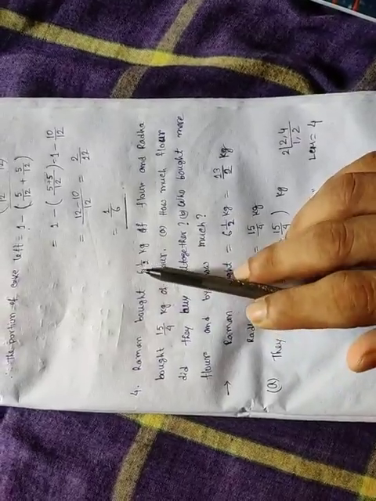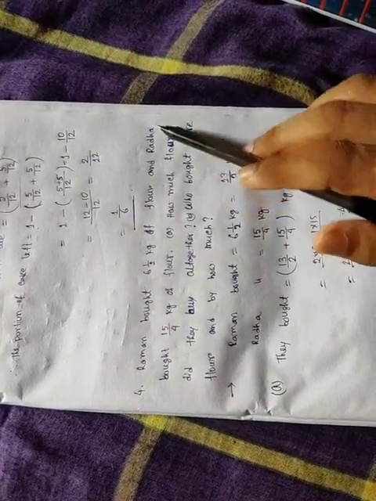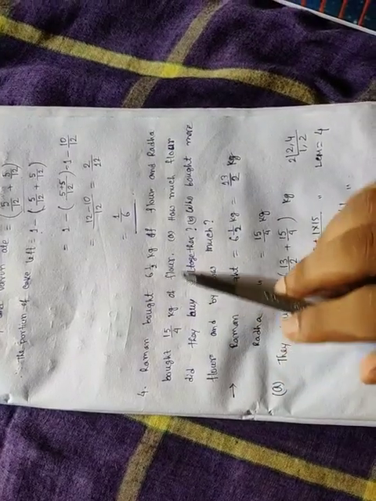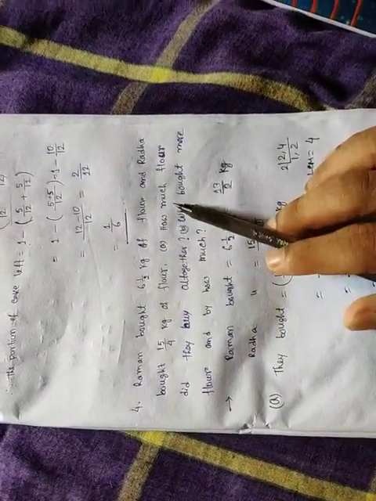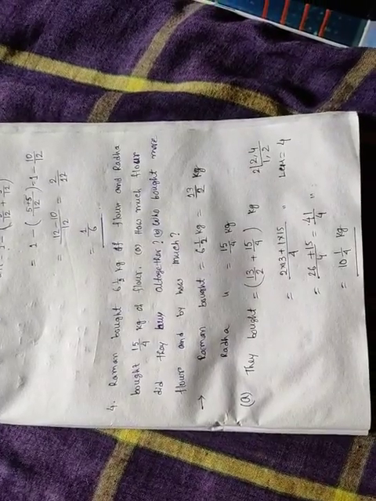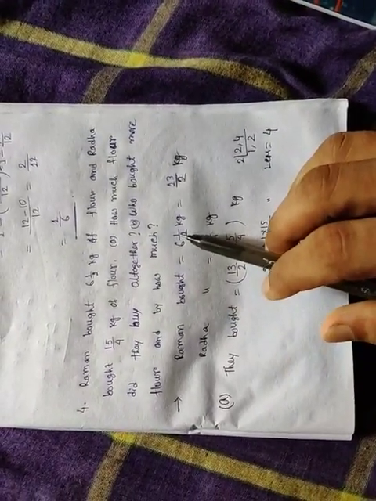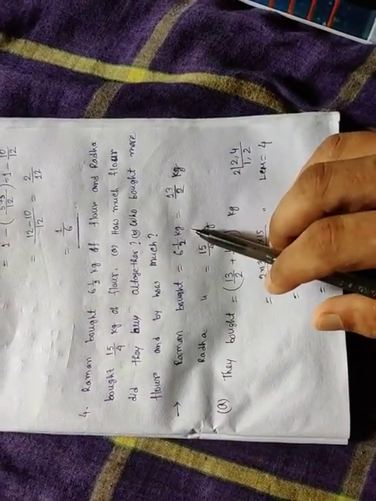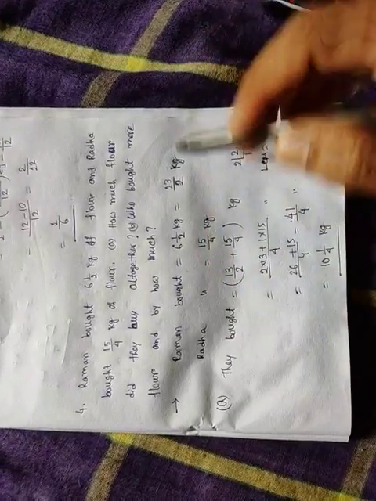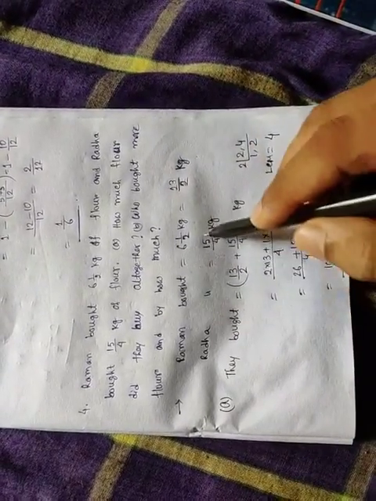Raman bought 6.5 kg of flour and Radha bought 15/4 kg of flour. First, how much flour did they buy altogether? It is easy. Raman bought 6 together with half kg. That means convert this into an improper fraction: 13/2 kg, and Radha 15/4 kg.